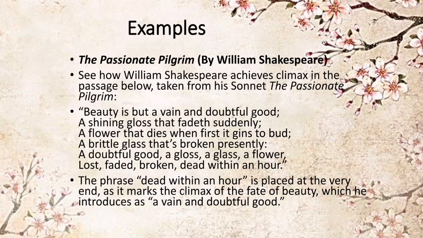Now when we look at the examples of climax, we see that again with my taste of William Shakespeare, in this sonnet, The Passionate Pilgrim, in just a clause, in just a couple of words, he builds a climax. Let's see how he does it.